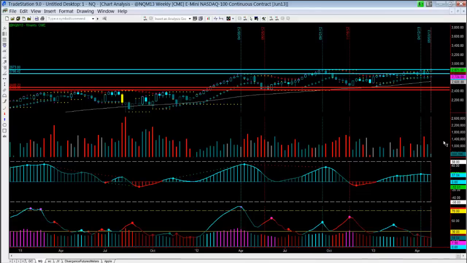If it does not, I would expect it to fall. Does everybody understand that? So instead of guessing, oh, it's at the high, it's going to go down now, it's going to go down now, I'm not trying to force it. I'm trying to let volume show me is now the time that it's going to go down. Does everybody understand that?